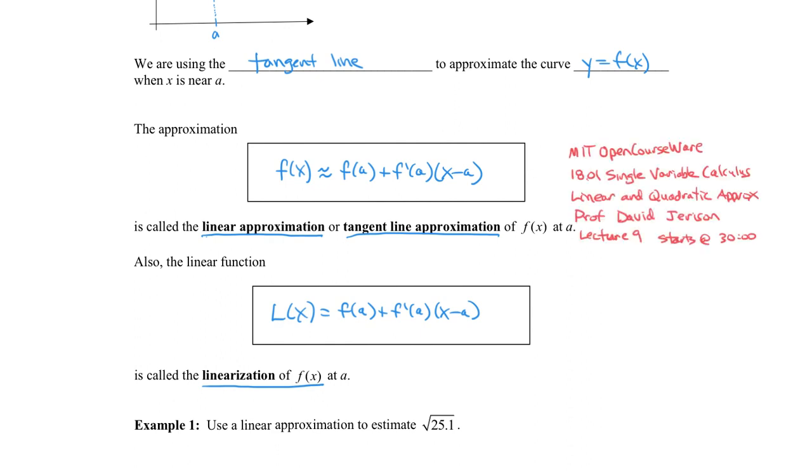In fact, if you want to hear more about that, MIT OpenCourseWare has a video, and Professor David Jerison talks about it. The information is here. If you start the video at the 30-minute mark, it lasts about 5.5 minutes, where he talks about using linear approximation in the GPS system.